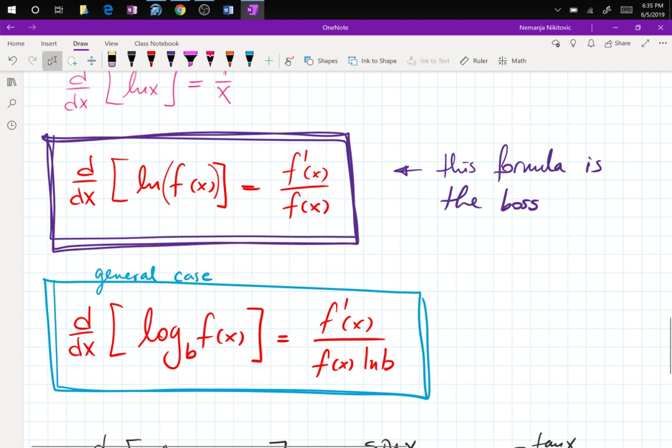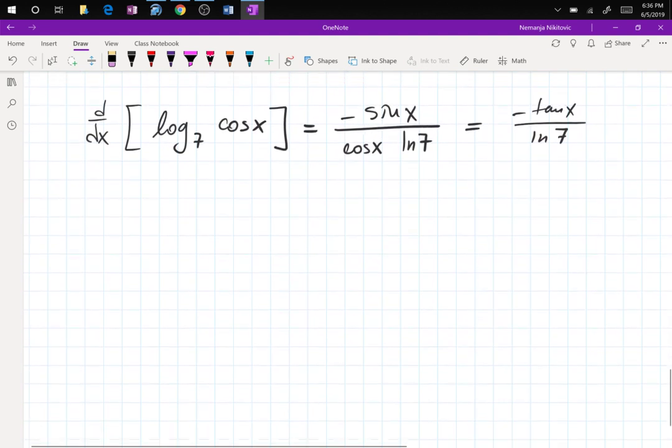The way to remember: Control C, Control V. And then you take the derivative. Yeah, copy and paste. Very good. One more time. Control C, Control V, and then you take the derivative and you're done. Very simple, right?